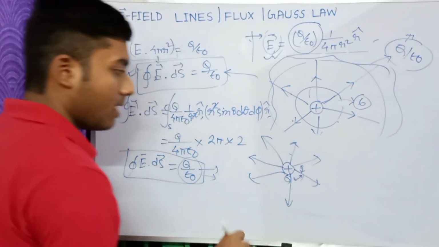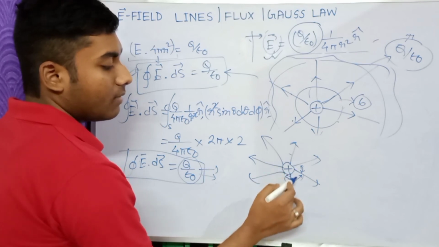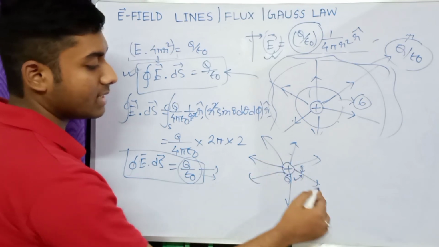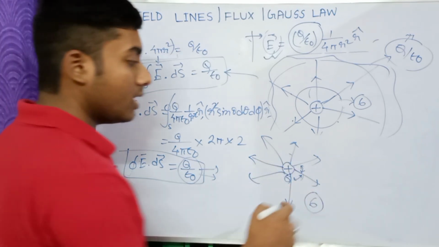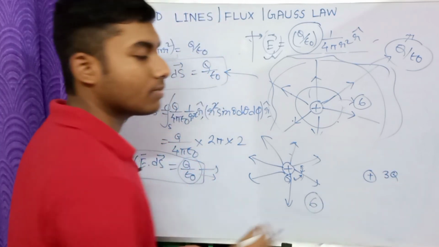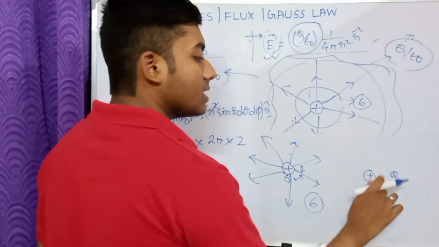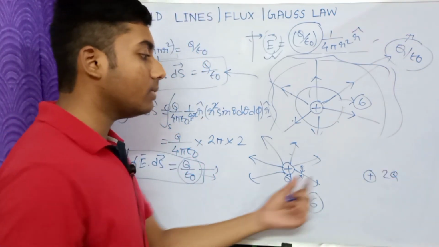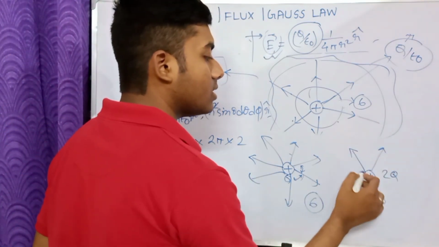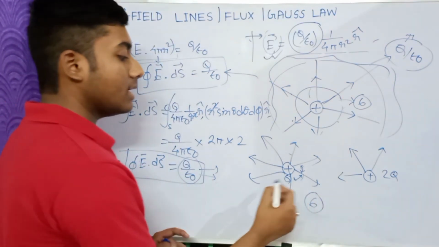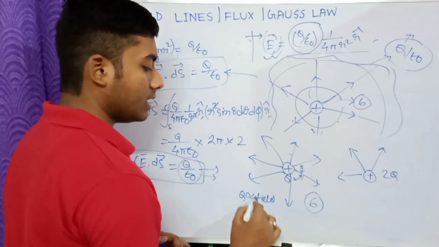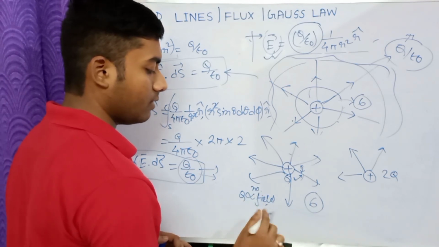The distance between each and every field line will be the same, okay. Now if from this charge q the number of field lines emanating is 1, 2, 3, 4, 5, 6, so 6 field lines emanating, then if we have a charge 3q, or if we have a charge 2q, what will be the number of field lines emanating from this charge? That will be just double, that is, q is directly proportional to the number of field lines.